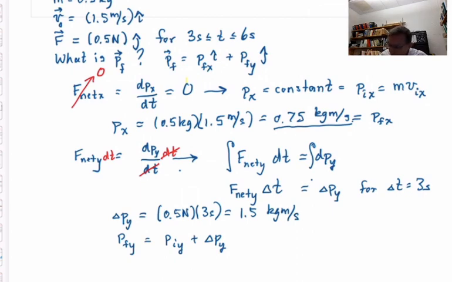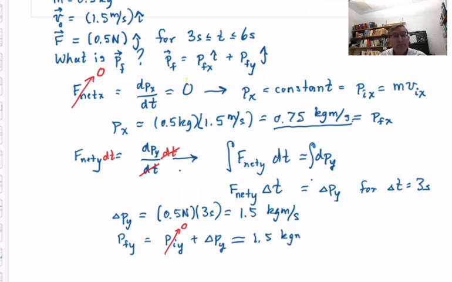But what was the initial y momentum? It's all about vectors again. The initial y momentum was 0 because the initial y velocity was 0. So the final y momentum comes totally from the change in the y momentum, which is 1.5 kilogram meter per second.